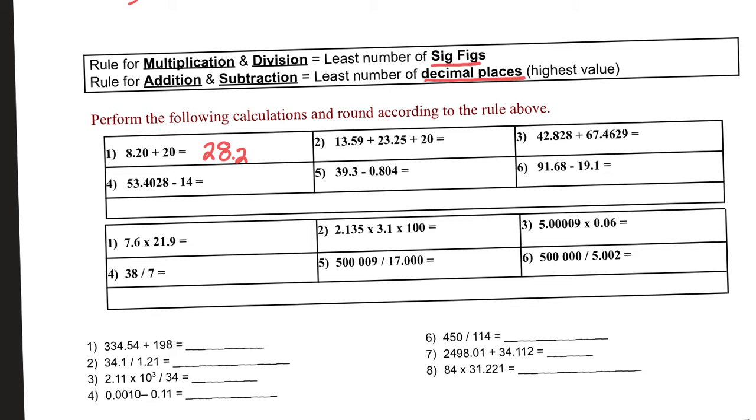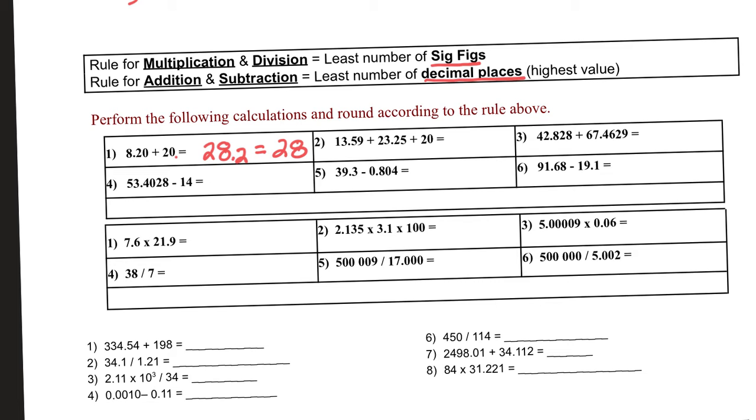So when I'm putting these in the calculator, the least number of decimal places, or the least accurate number, is going to be this one, which has no decimal places. So I can't have a 0.2. So my answer is going to be 28. I'm going to round that so that it's to a whole number, because this one here was to a whole number.